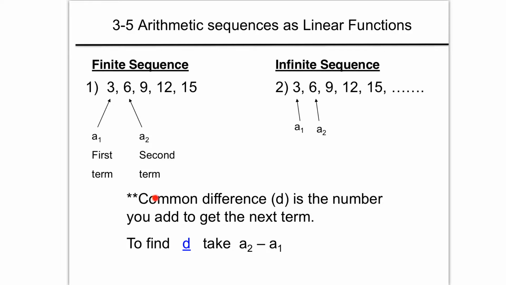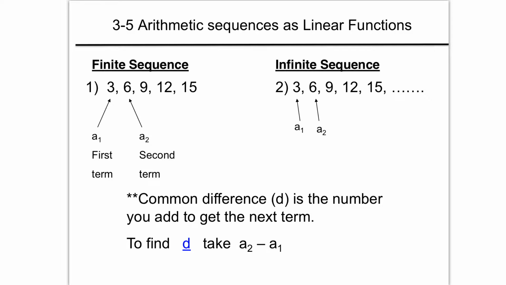Now, the common difference. For a common difference, we use the variable d, you see the d there. It is the number that you are adding to get to the next term, and that's the actual pattern. An arithmetic sequence is when you add a number to get to the next term. That's how we know it's arithmetic. Now, there's something else you have to understand.